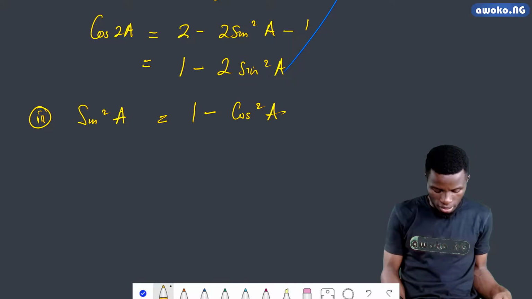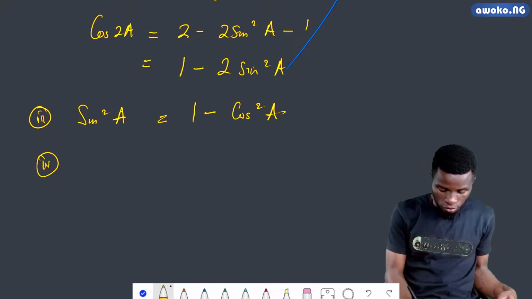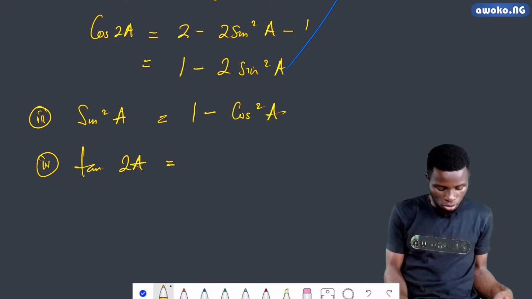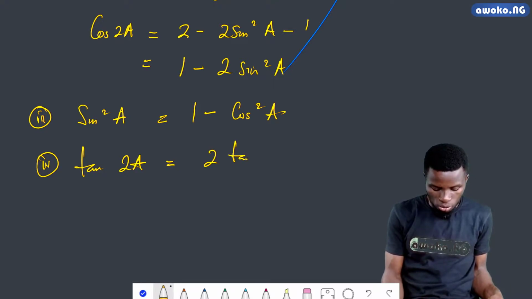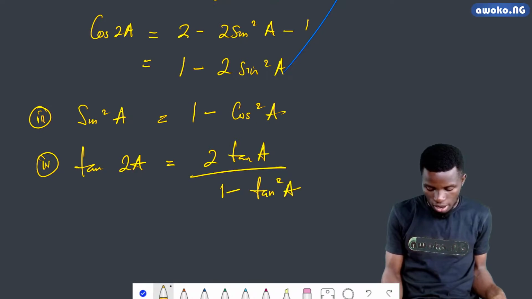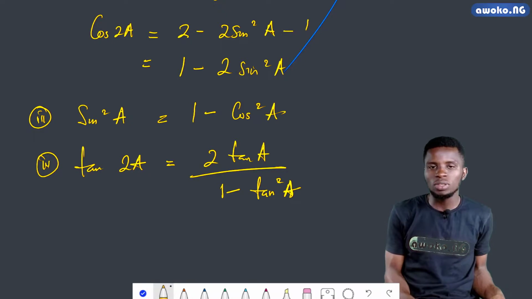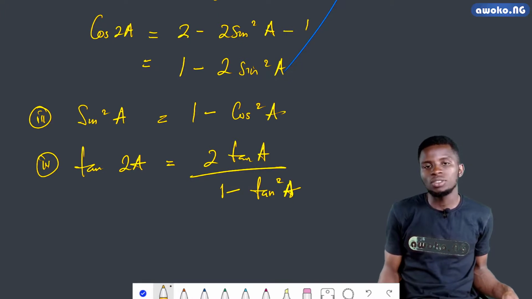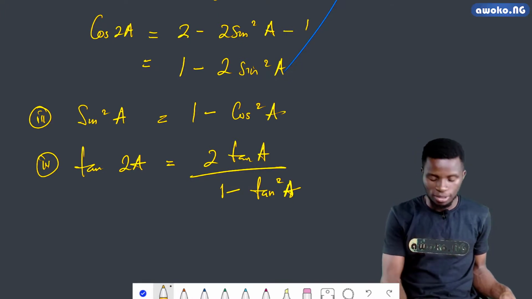So the fourth one here is tan 2A, which is equal to 2 tan A over 1 minus tan square A. So I want us to take note of all these identities, because they'll really help us when we are to solve problems under trigonometric identities.